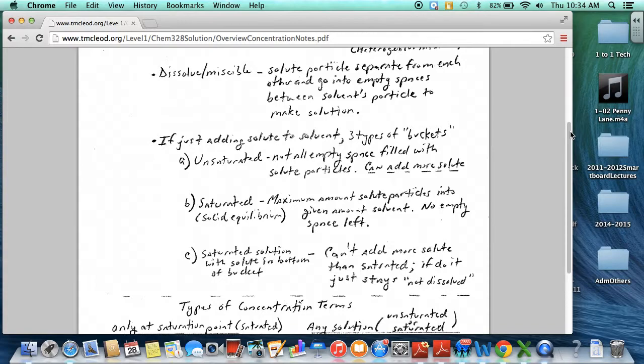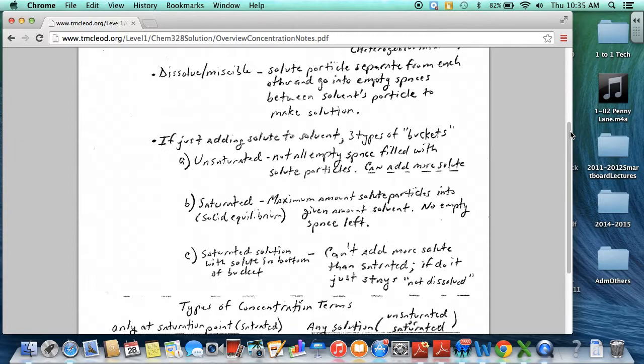Once you put in some of the salt, the salt will dissolve into ions, and the ions will go into the empty spaces between the water molecules. That is called an unsaturated solution, because not all the empty space has been taken up by the base units or particles of the solute.